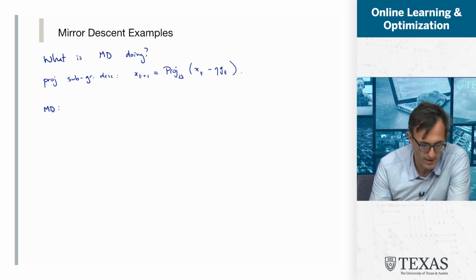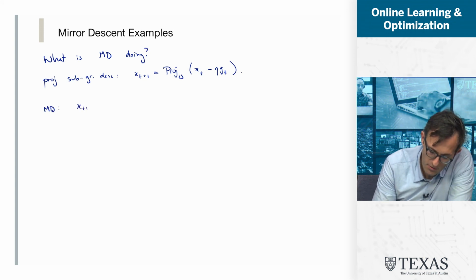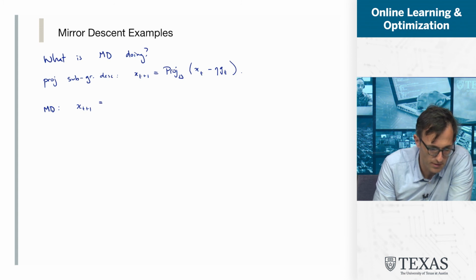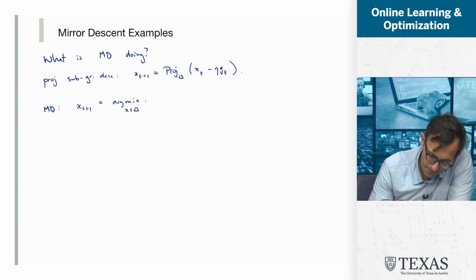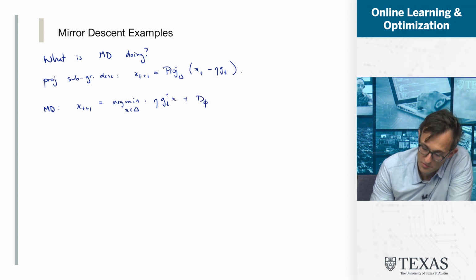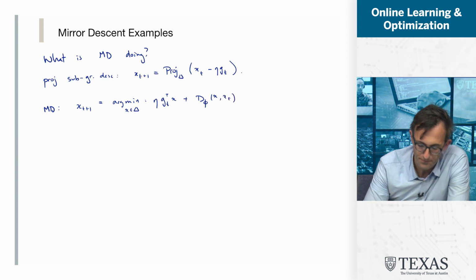So let's have a look at the algorithm. Again, the mirror descent algorithm tells me that xt plus 1 is equal to the argmin over x in the simplex of eta gt transpose x plus my proximity term that comes from the Bregman divergence, d phi of x, xt.